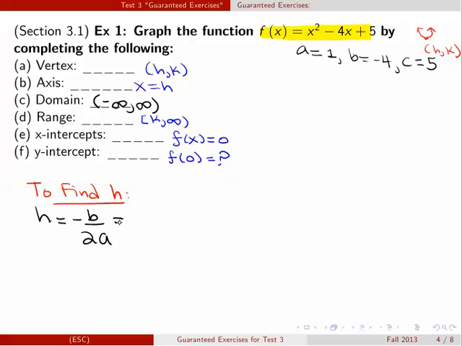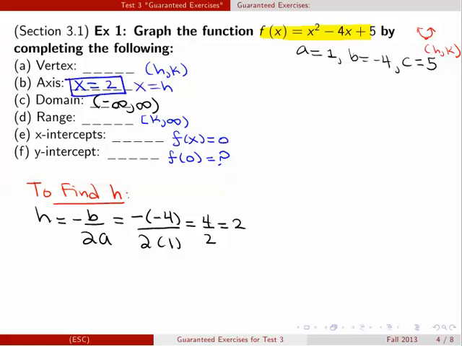So here b is -4, a is the number 1. So our h, when you guys simplify, is given by number 2. Okay, now here this basically can be used to find the axis of symmetry. So right now we know that the axis of symmetry will be x equals 2.